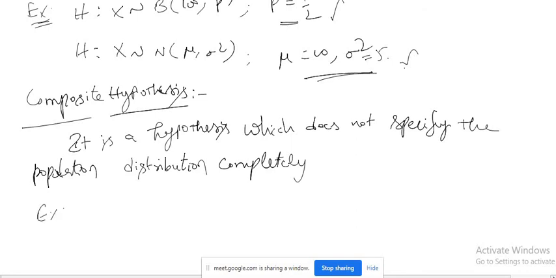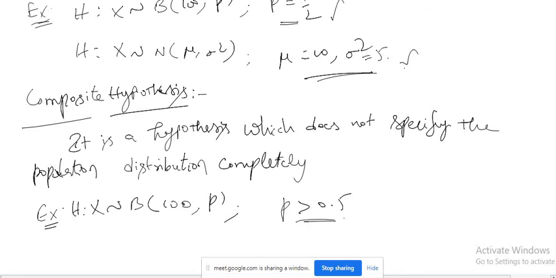That means H: X follows something, say for example Binomial(100, p), p greater than 0.5. What is the value of p here?